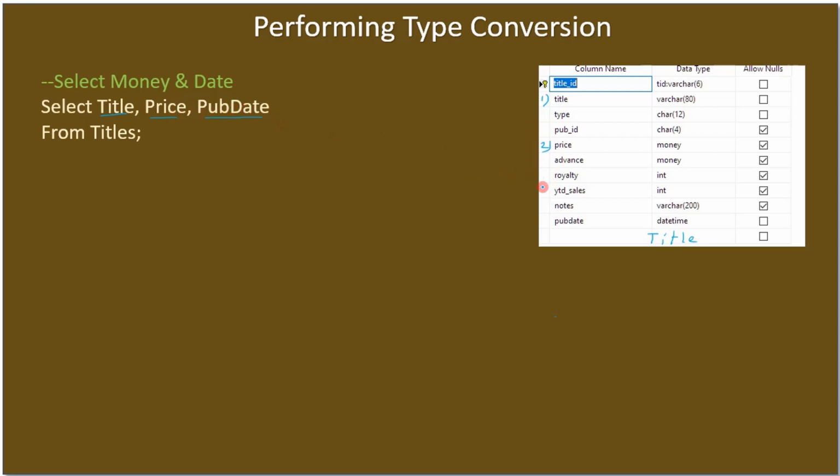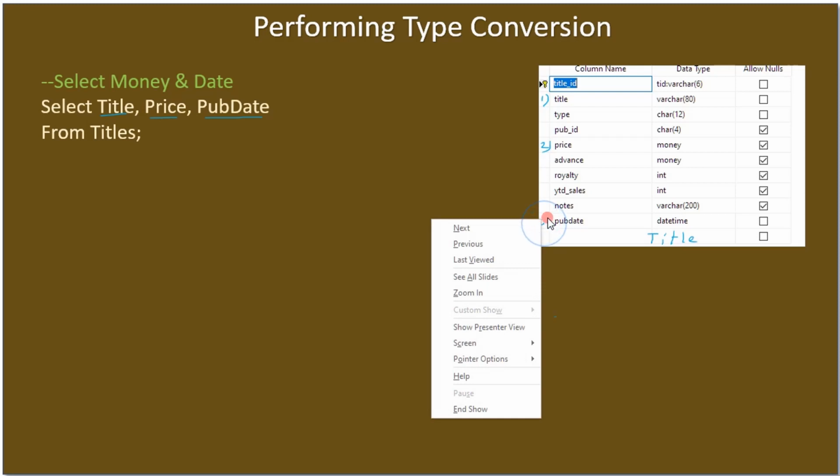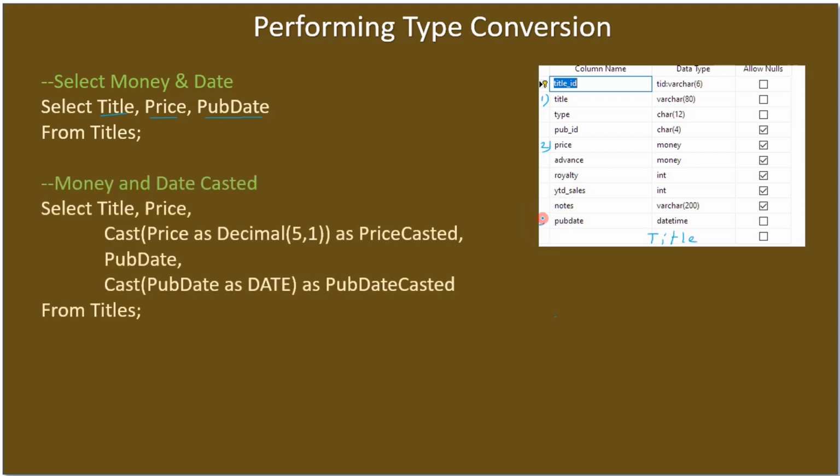The third one is publishing date, and it's a datetime. Here, we are picking title and price, which is in money format, right? Then we cast price as decimal.